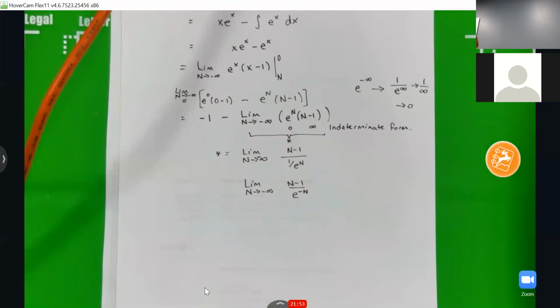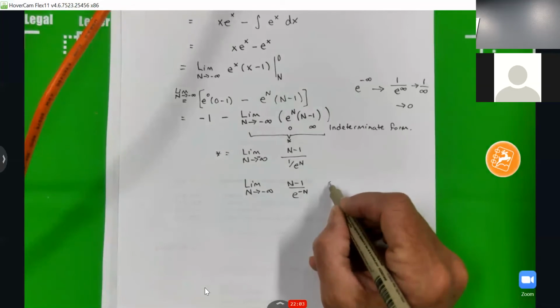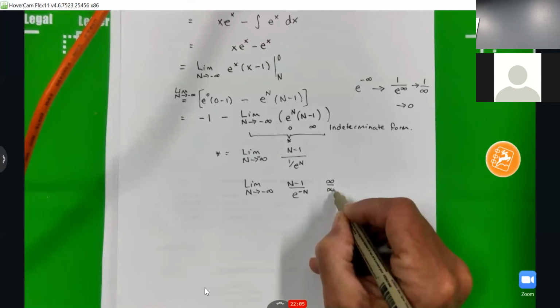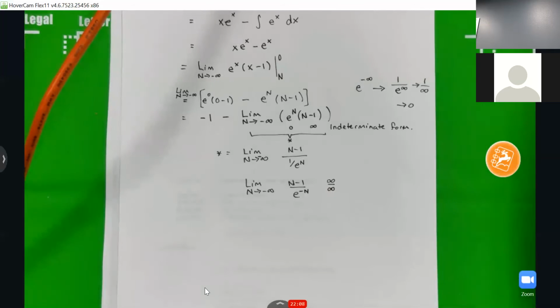Now the numerator becomes infinite when n gets large. Minus n, as n goes to minus infinity, goes to infinity. So this behaves like infinity over infinity. And now we can use L'Hopital's rule, which says, who remembers what L'Hopital's rule says?